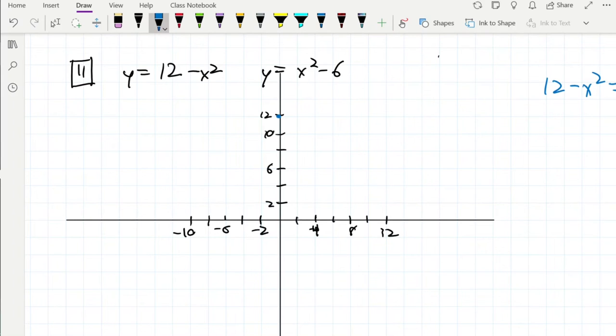So when we let x equal 1, it's only going to go down 1. When x equals 2, that's going to be minus 4. Then y squared minus 6.